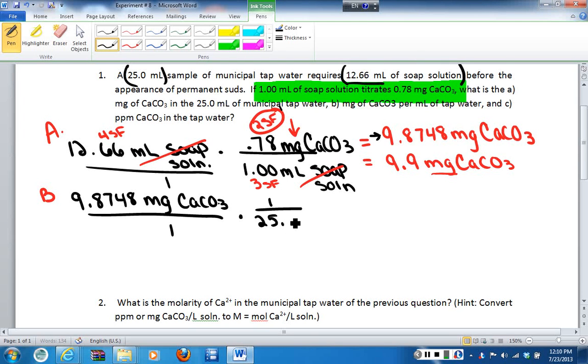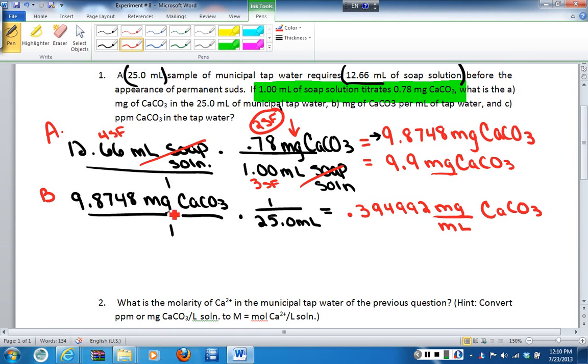When we do this calculation, we get an answer of 0.394992 milligrams per milliliter of calcium carbonate.